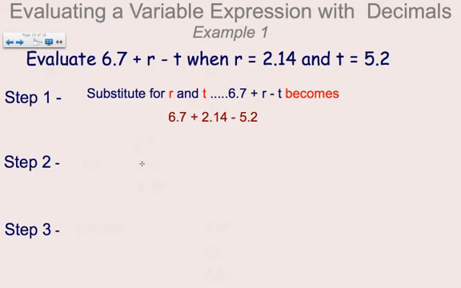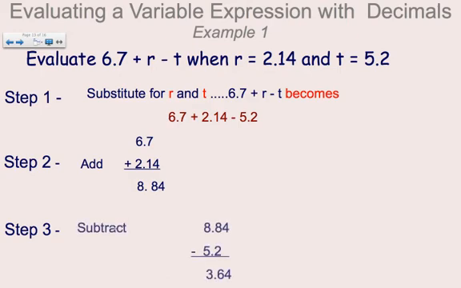Step 2, we add 6.7 plus 2.14. And the reason is I'm just following the order of operations. Going from left to right, my addition comes first, so I add. I align my decimals, bring my decimal down into my answer, and add. For step 3, I need to subtract.